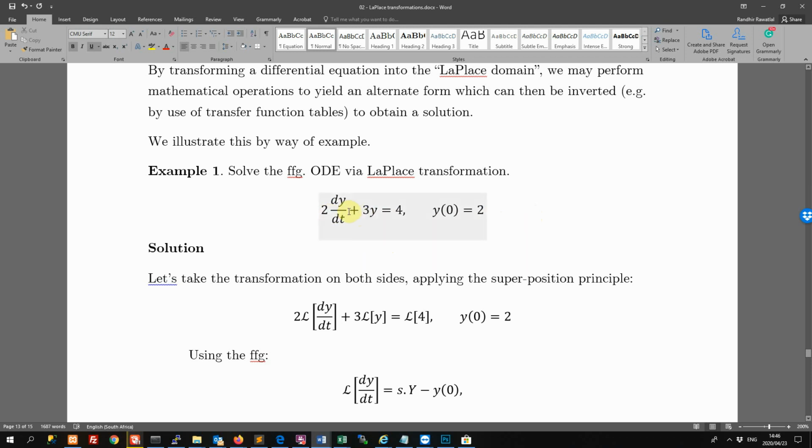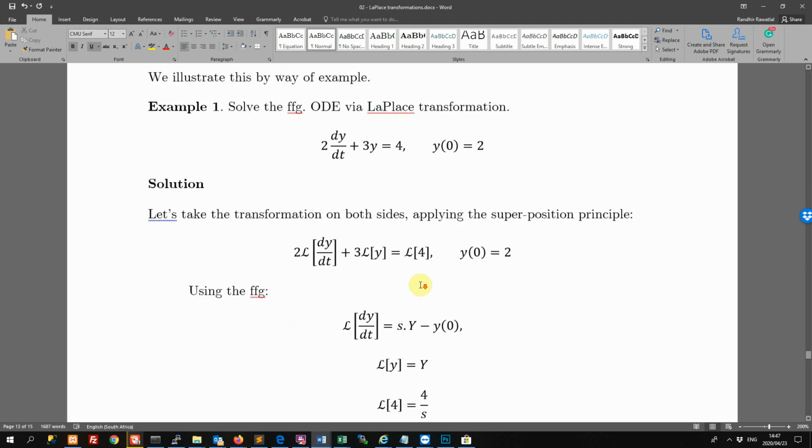If we find the Laplace transform of this, because the Laplace transform is a linear operator, we can just Laplace transform each term in this equation. We regard the 2 simply as a factor, and so it's the Laplace transform of y of t, and then 3 times the Laplace transform of y, and then the Laplace transform of 4.